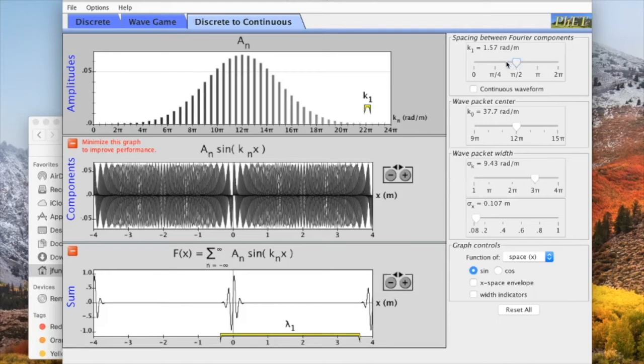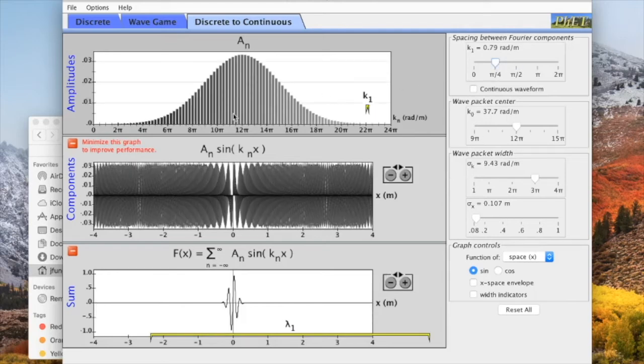If I slide this over to pi over 4, the sines I'm adding are getting closer and closer spaced together in spatial frequency, or in wave number. Sorry, I keep saying spatial frequency because that's optics language I'm used to. As we get closer and closer spacing in wave number, notice how we get more and more of an isolated blip.